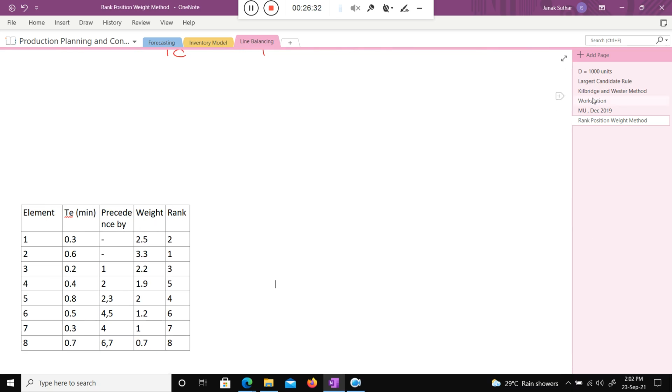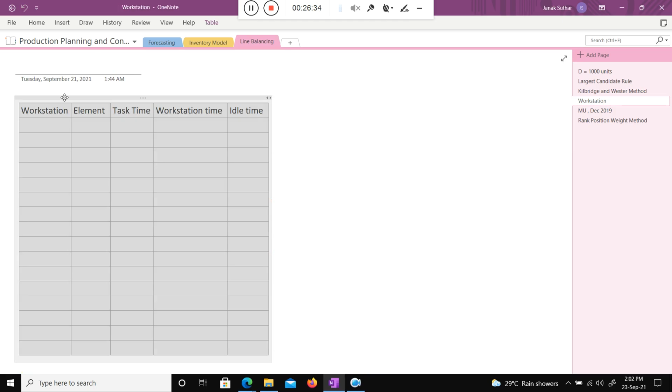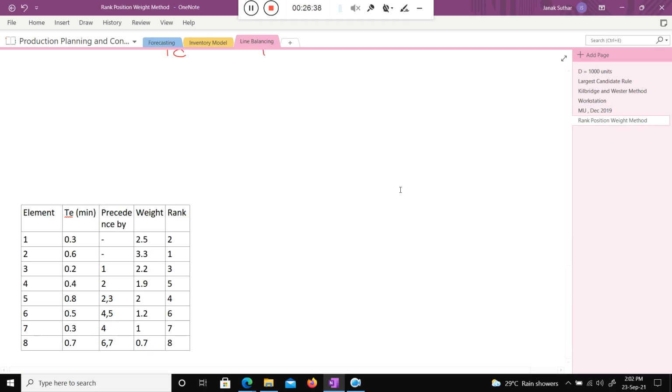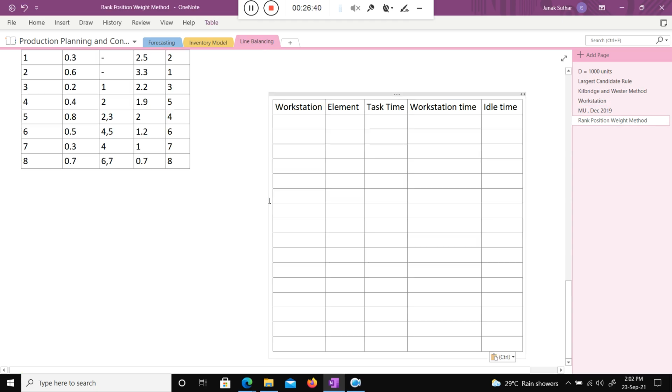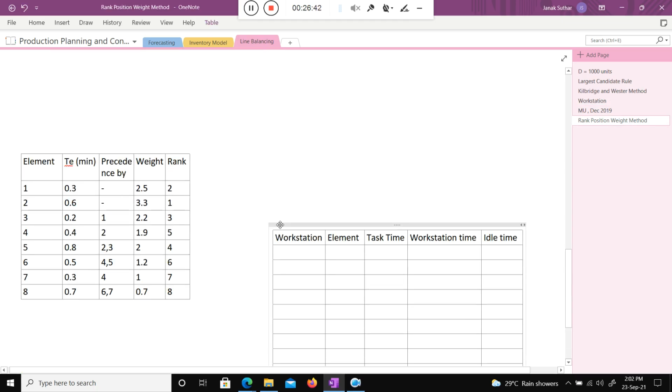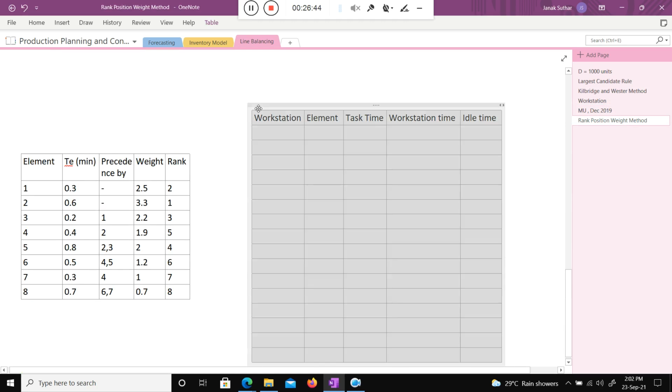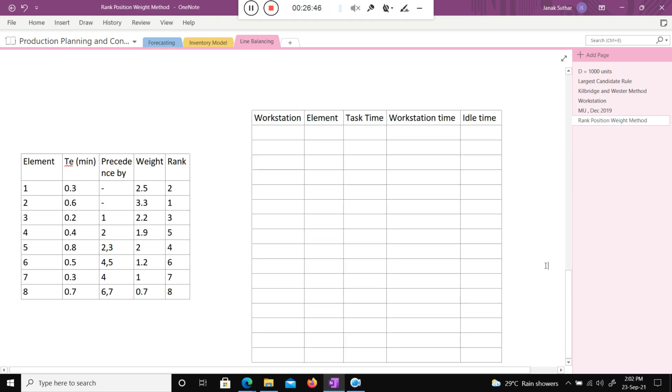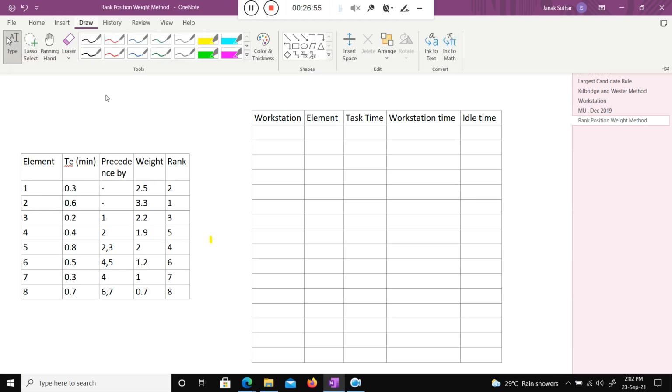So I try to draw the workstation. For the workstation I need this table. I go and copy paste here. Now I start to draw the workstation, class. So what is the process to allocate the workstation? Just wait, I need to change the color.